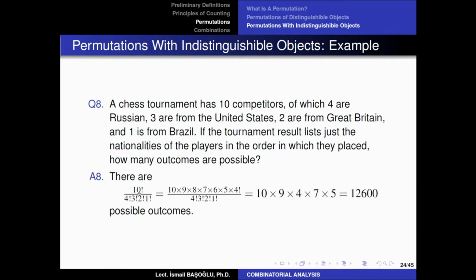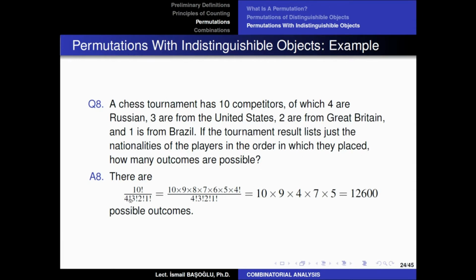So if all of these competitors were different from each other, then the answer would be 10 factorial. However, if you create a different permutation among the Russian competitors, you will still get the same permutation. If you swap the positions among the Russian competitors, you will still get the same permutations. Therefore, we need to count how many possible permutations we can create by swapping the positions of Russian competitors.